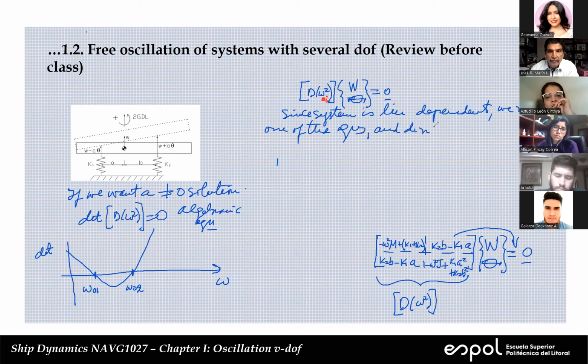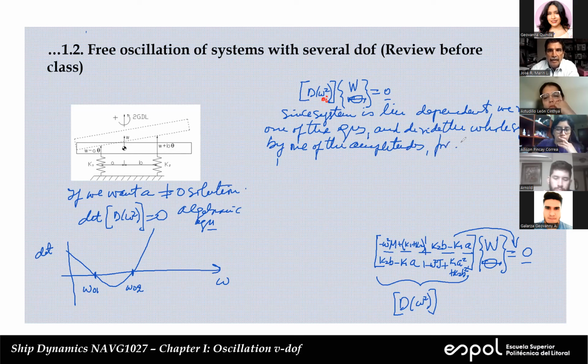And that something extra is to divide the whole system by one of the amplitudes. For example, let's divide this system of equations by W. So we're going to do two things here. The last equation is going to be neglected because it's linearly dependent on the others.